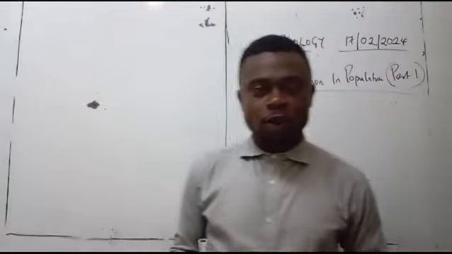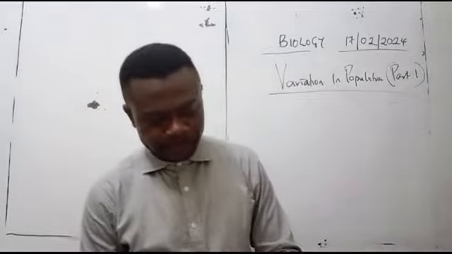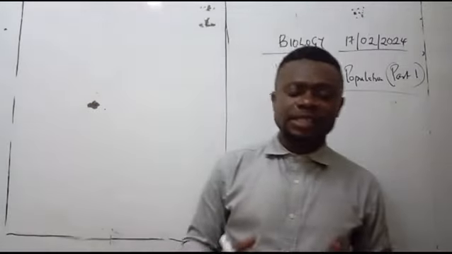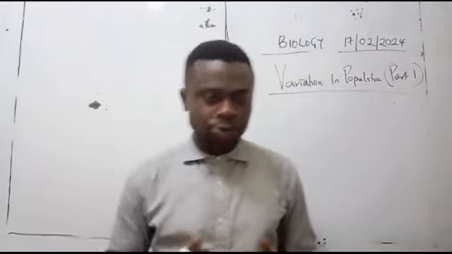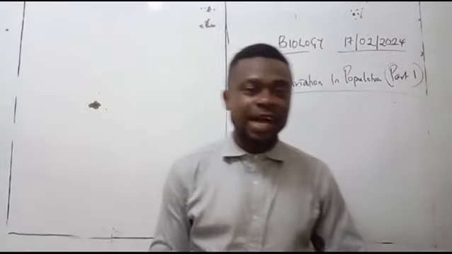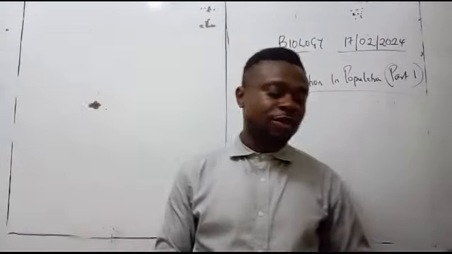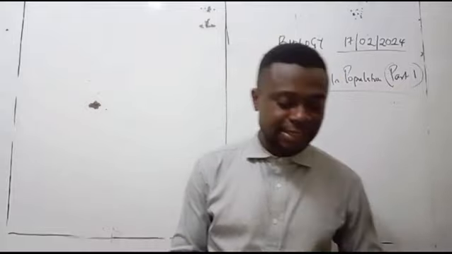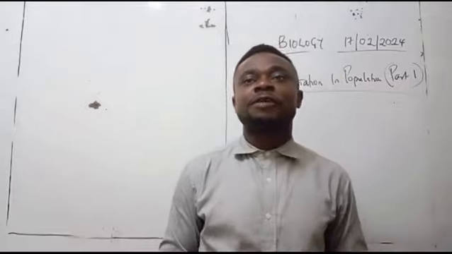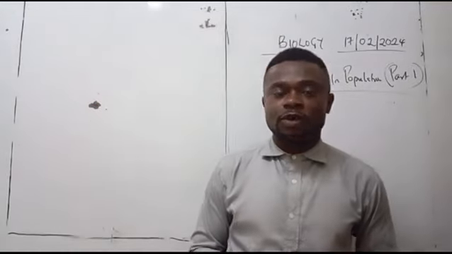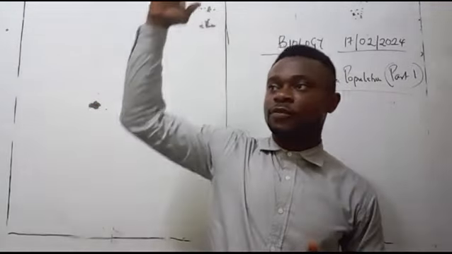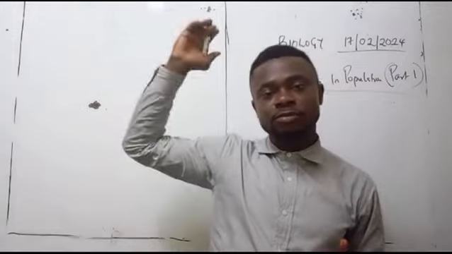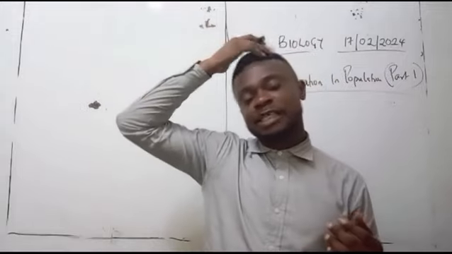Okay. Now, what is variation? Actually, let's start from living organisms, for the purpose of identification. Living organisms are classified, so we have different classes, from phylum, kingdom, as the case may be.